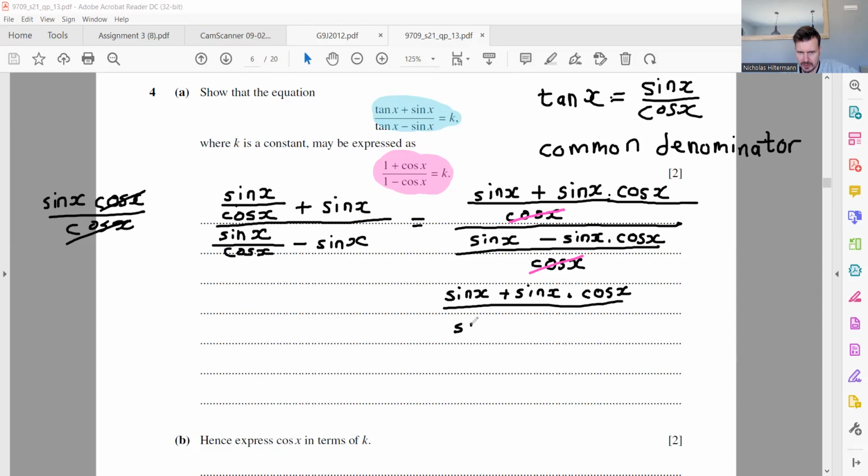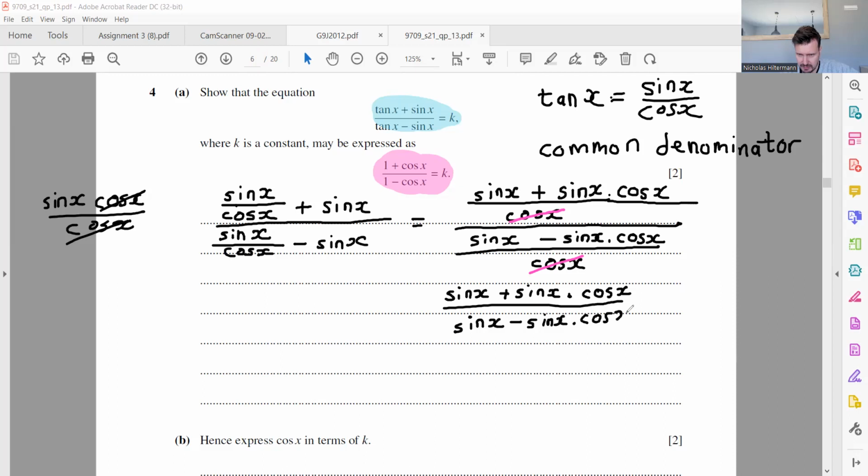Okay, so notice the cos x's go away, leaving us with sine x cos x, sine x plus sine x cos x over sine x minus sine x cos x.